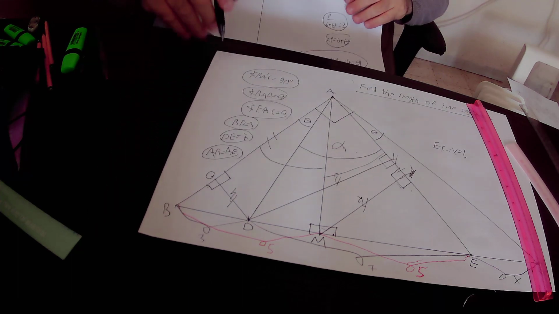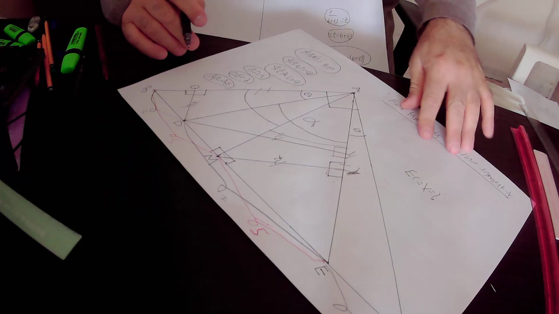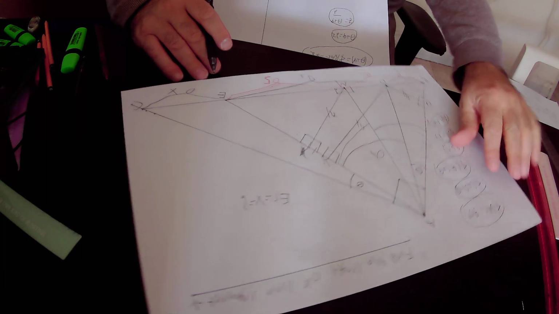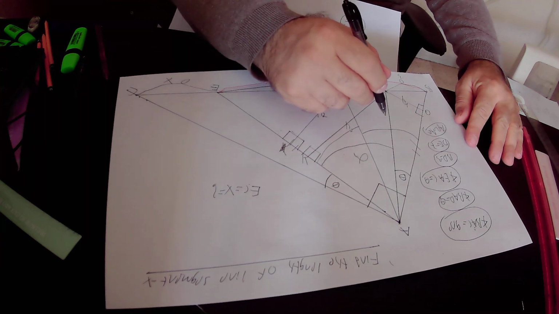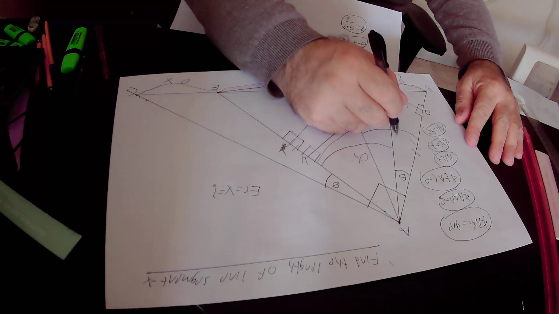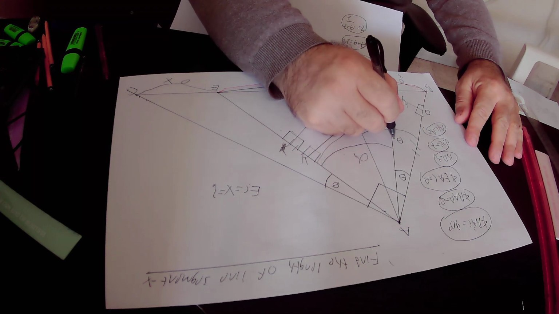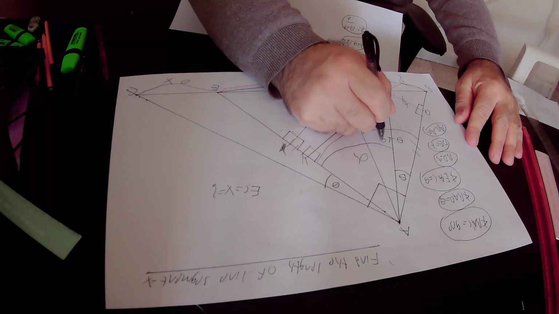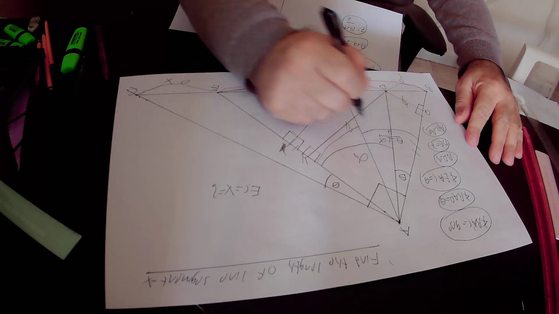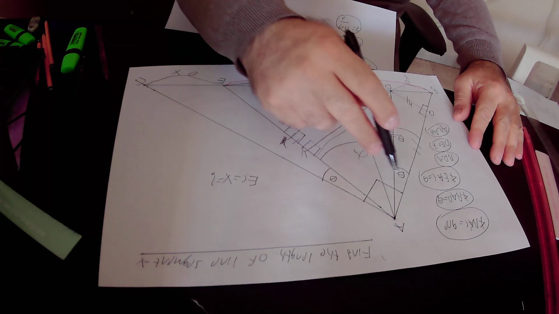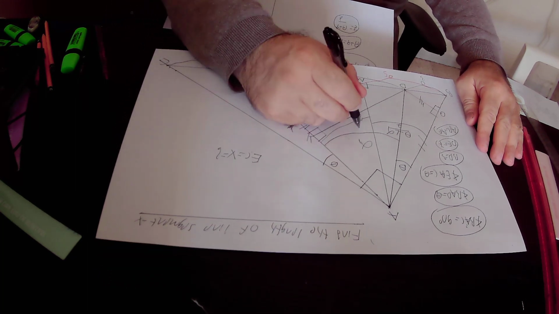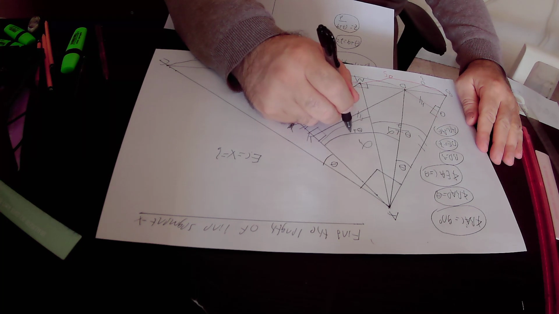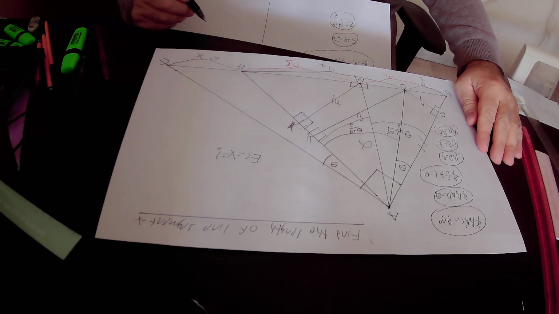So you can write here that angle BAM equals theta plus alpha over 2, and angle MAE is also equal to theta plus alpha over 2. Okay?